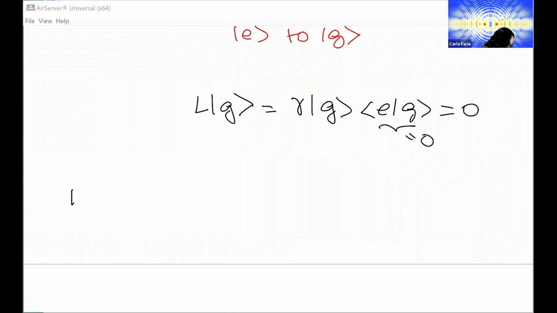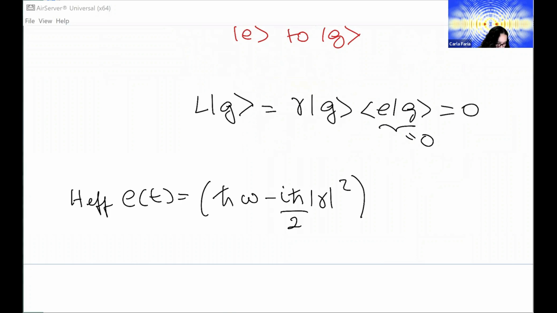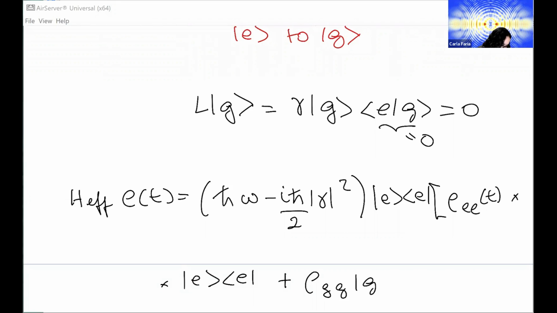Okay, so H effective ρ(t) is (ħω − iħ/2 |γ|²)|E⟩⟨E| applied to ρ(t), which is ρ_EE(t) with this projector, plus ρ_GG(t)|G⟩⟨G|.